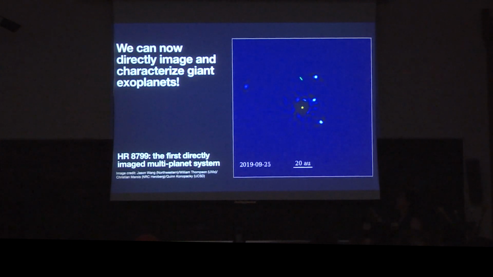This is a time-lapse collection of observations of this system spanning several years. They have all been processed to remove the star. So we've gone through and subtracted the star using post-processing, and you can see 4 planets here, 1, 2, 3, 4, and we can actually watch them orbit around their star.